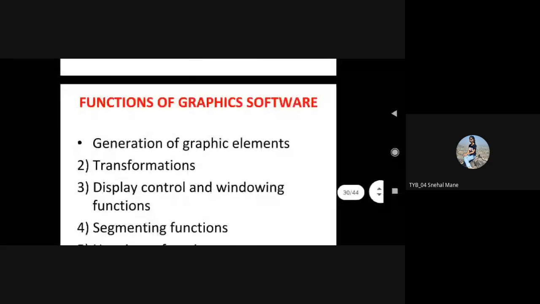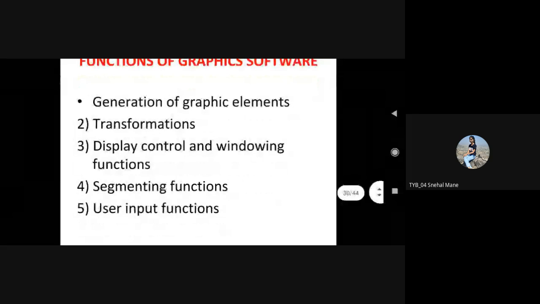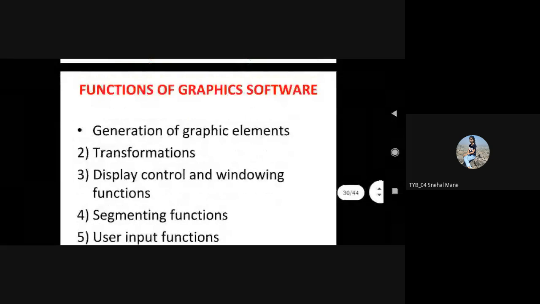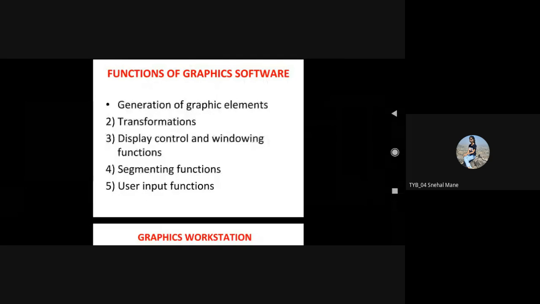Now what are the functions of graphics software? Transformation, display control and windowing function, segmenting function and user input function. These are the basic functions of graphics software. Transformation is to access the data and display it as required by the customer or the target.